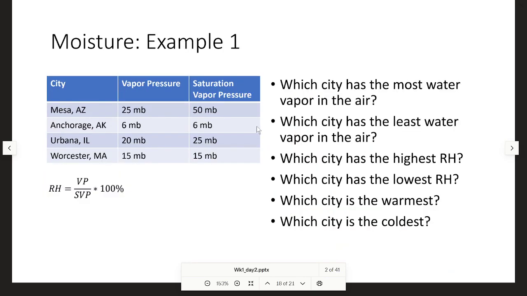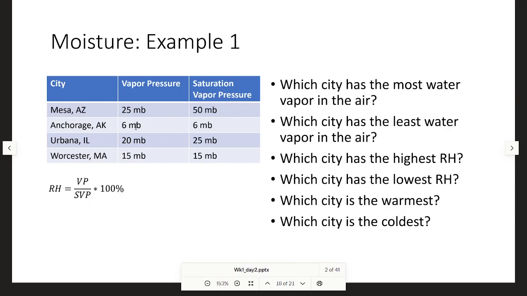Okay, so moisture example 1. We have all of these cities. Mesa, Arizona: 25 millibars vapor pressure and 50 millibars saturation vapor pressure. That's 25 over 50, so 50% relative humidity.